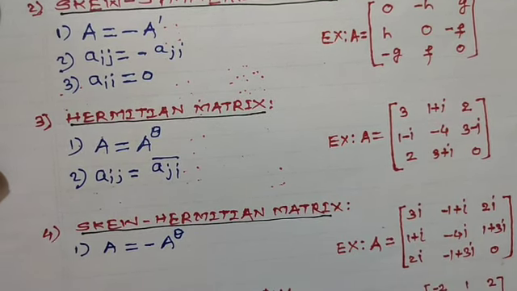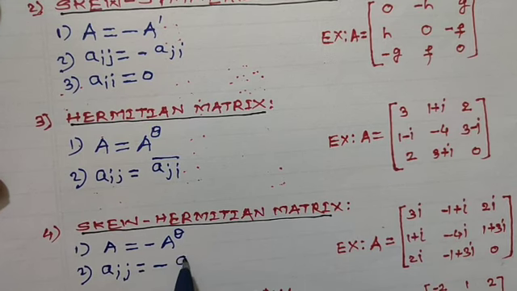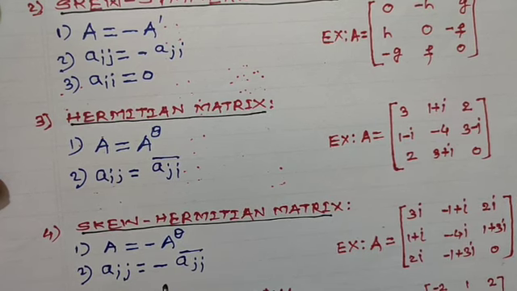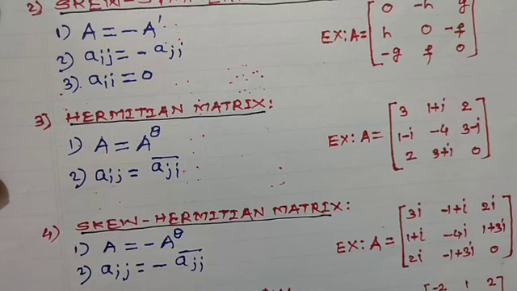And then the second condition in terms of elements is a_ij is equal to minus a_ji bar, meaning the element lying in ith row, jth column is equal to minus the conjugate of the element lying in jth row, ith column.